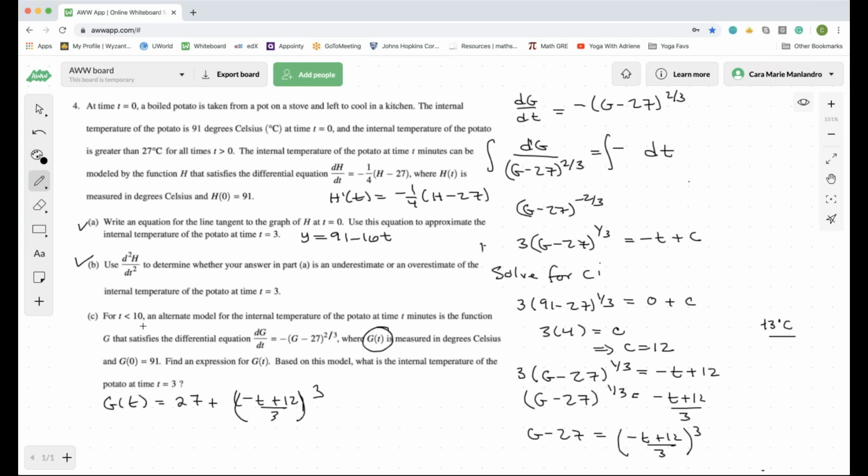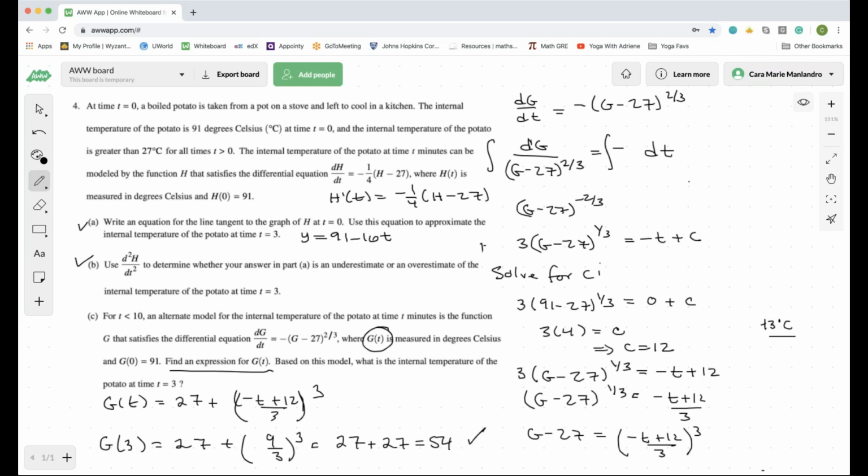So that's my expression. So check. And then based on the model, what is the internal temperature at 3? So then we can find g of 3, which is 27 plus, let's see, 9 over 3 cubed. So 27 plus 27 is 54.